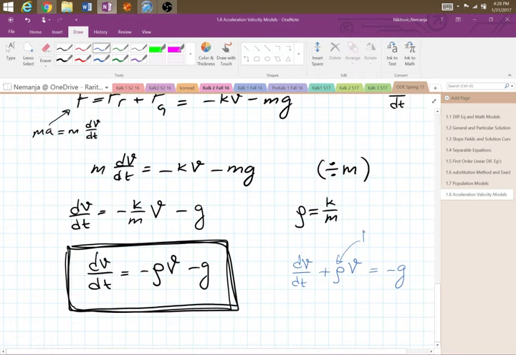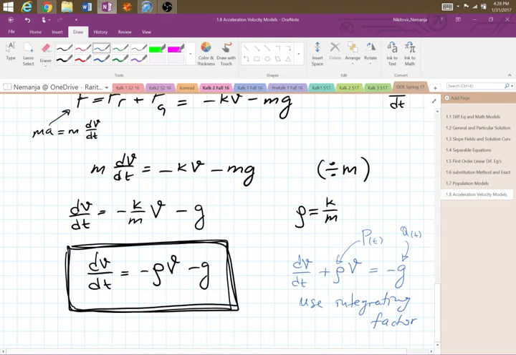Here be your P of t, your Q of t. Use integrating factor to solve the equation. Well, actually, wait. G is not a function, guys.